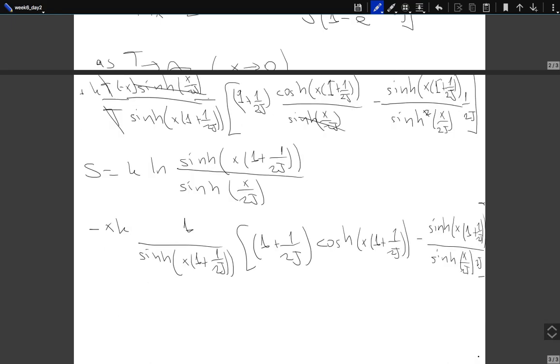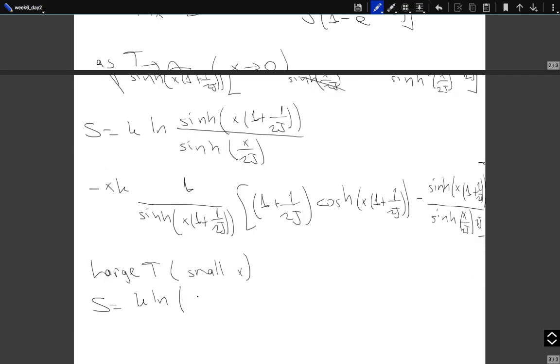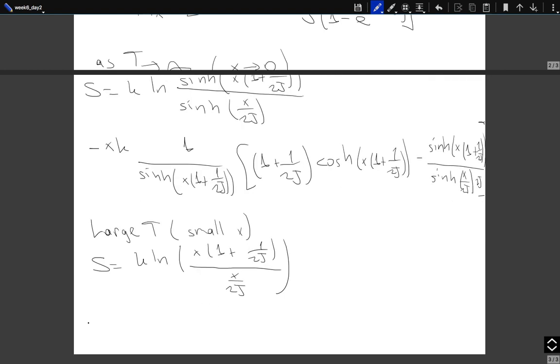Now let's check the small x limit. So S now becomes k times the logarithm of, well, you see, we already said that sine hyperbolic of x just becomes x in the small x limit, so this is logarithm of x(1 plus 1 over 2j) divided by x over 2j, minus k times x times 1 over x times (1 plus 1 over 2j).